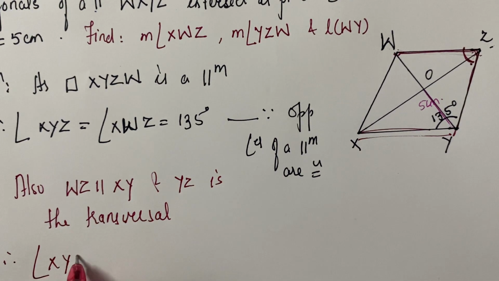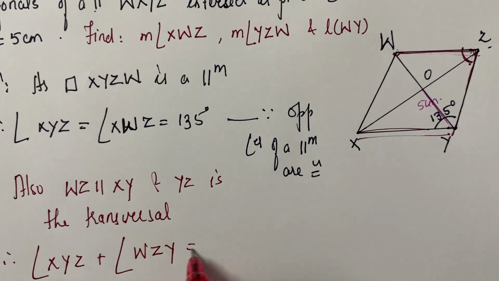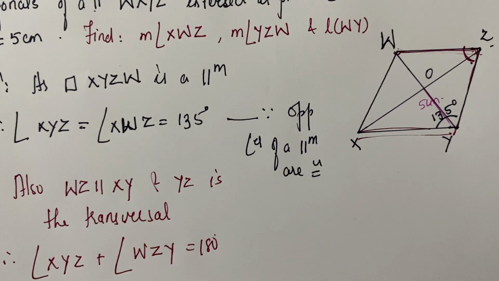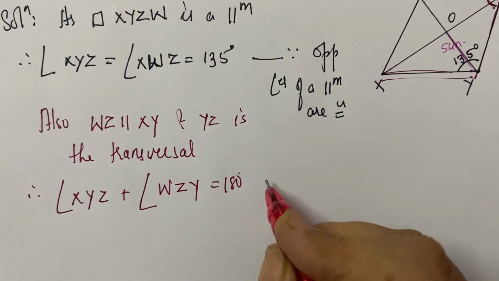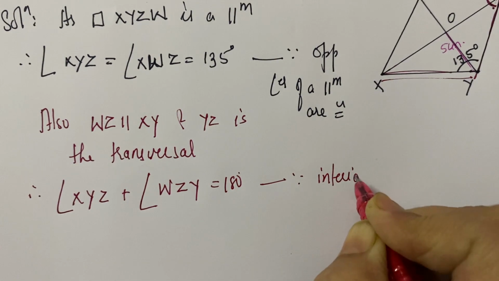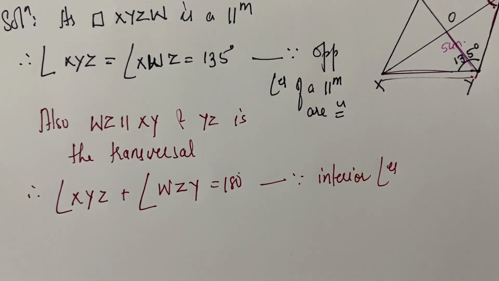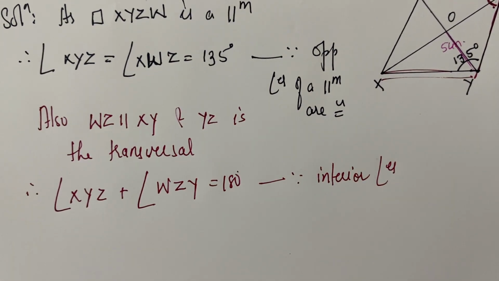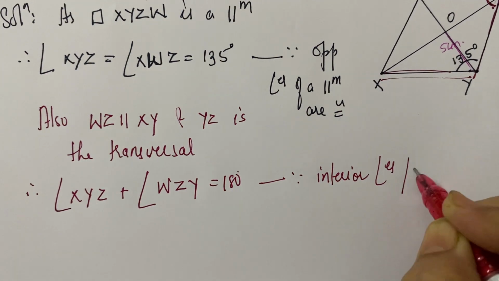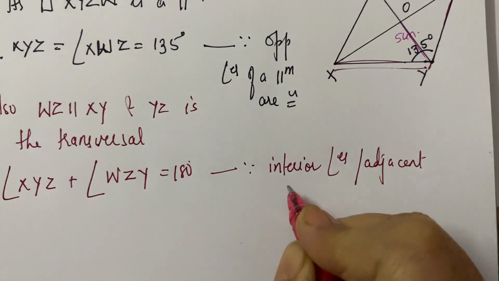Therefore, angle XYZ plus angle WZY is equal to 180, since they are interior angles. You call them interior angles, or adjacent angles of a parallelogram.